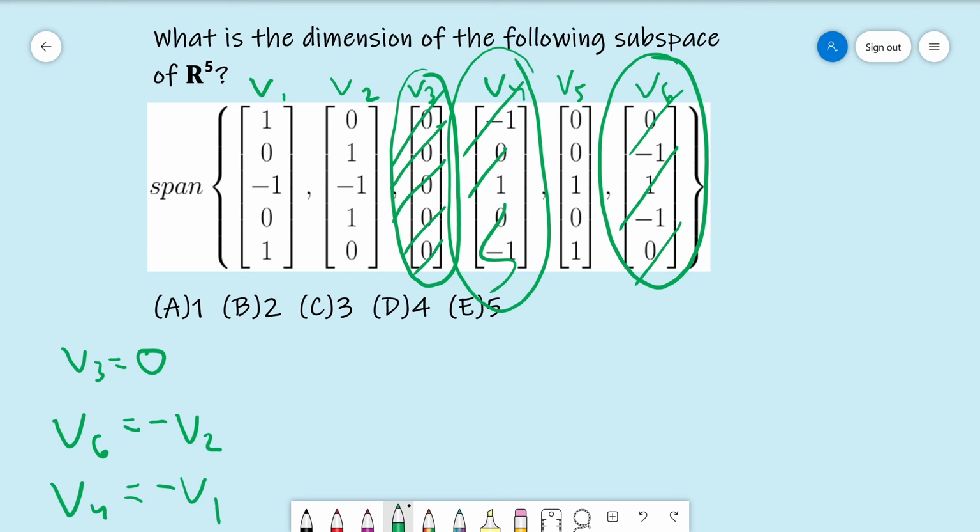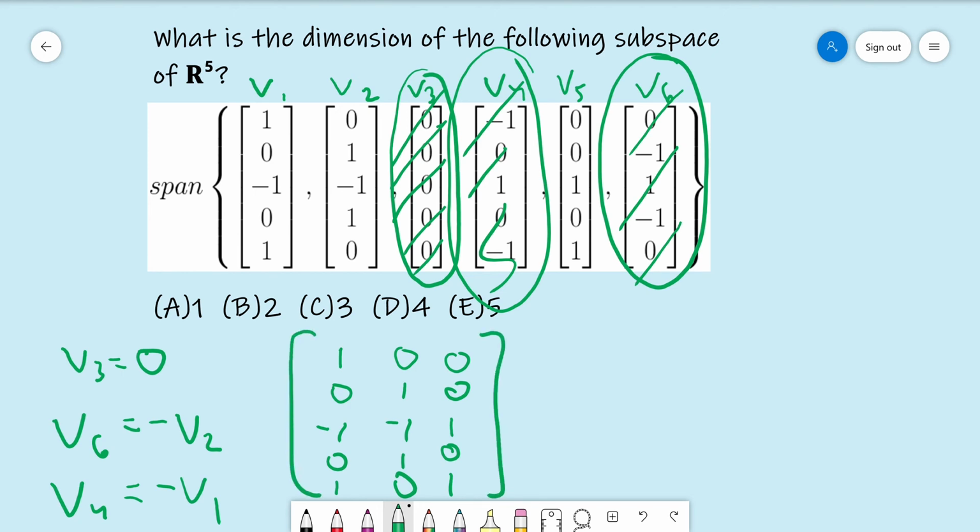Well, if you set them up in a matrix, like 1, 0, -1, 0, 1, 0, 1, -1, 1, 0, and 0, 0, 1, 0, 1, you can see that they're actually almost in echelon form because you've got 1, 0, 0 in the first row, 0, 1, 0 in the second row.